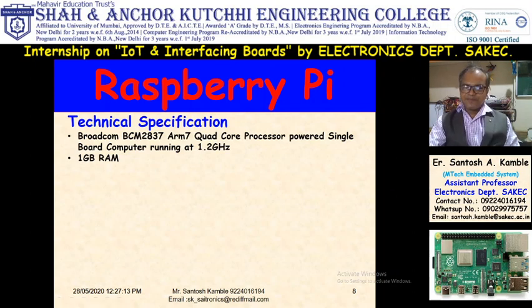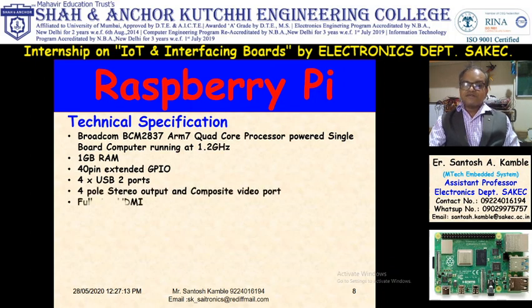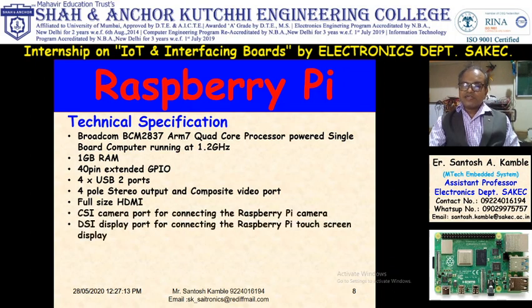It has 40 pin extended GPIO, general purpose input output. It has 4 USB ports. It has 4-pole stereo output. It has full size HDMI. It has a CSI camera port to connect a camera directly to the Raspberry Pi. It has a DSI display port for connecting the Raspberry Pi touch screen display. It has onboard Wi-Fi and onboard Bluetooth.